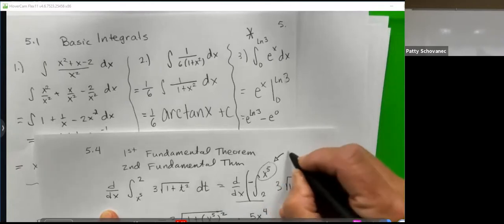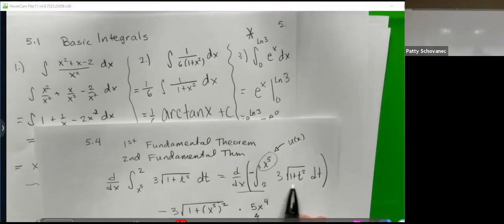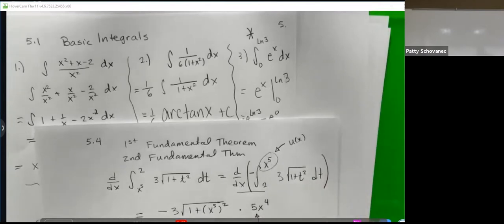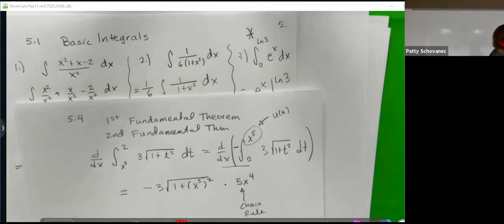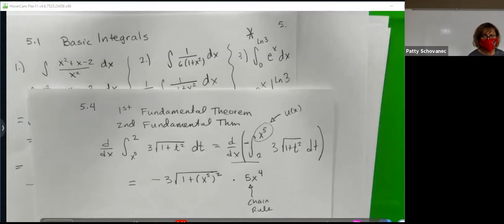Okay, that's a function of x. So the derivative kills the integral and gives you back the integrand, but if the upper limit is a function of x, you multiply by its derivative. Okay. And I think that's what you asked about earlier, about doing a derivative of an integral.